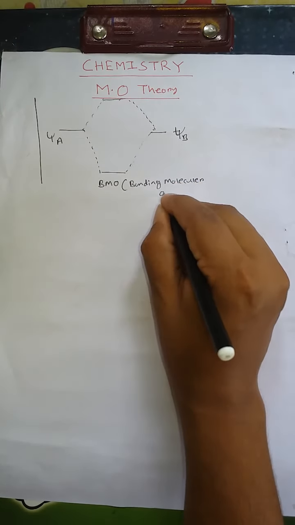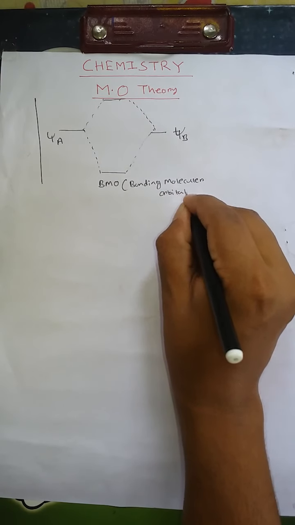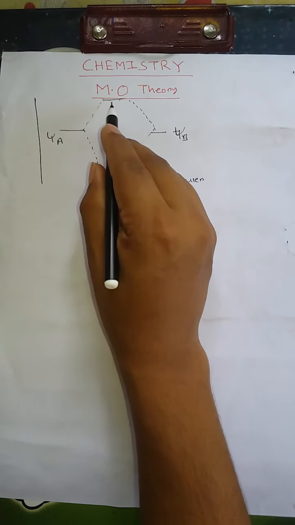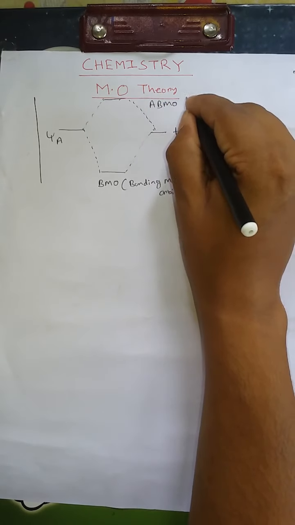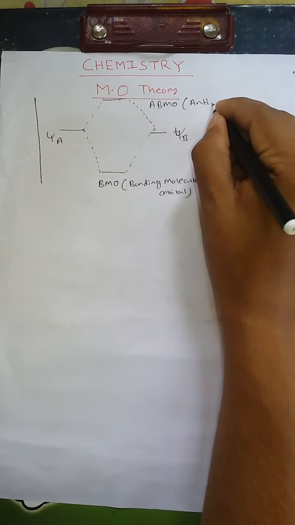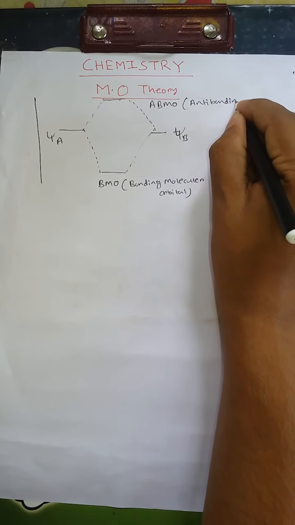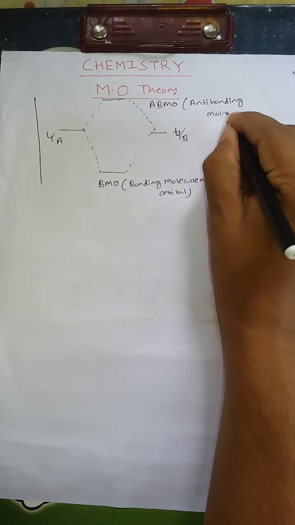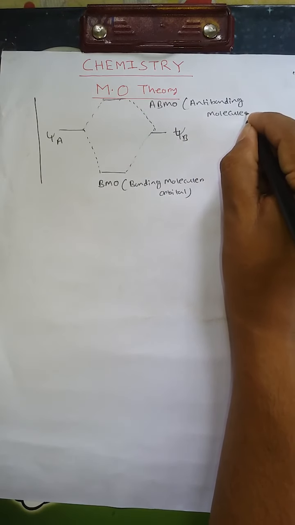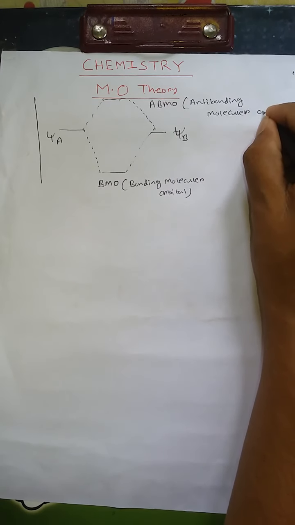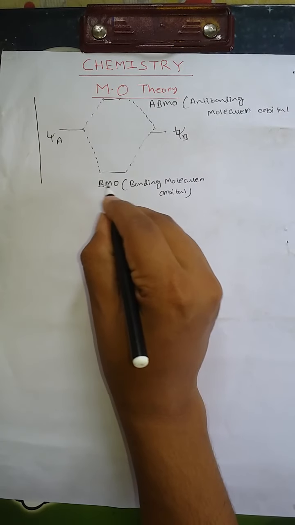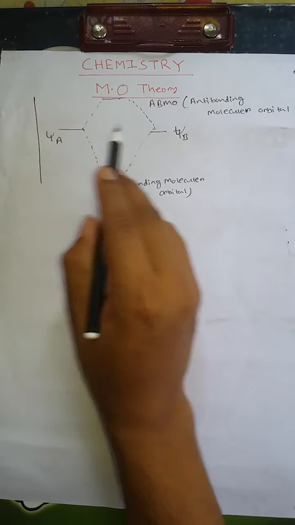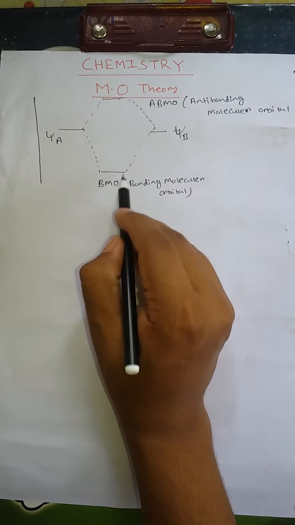And where the energy increases, it is called ABMO, or anti-bonding molecular orbital. Clear? In this BMO, psi A and psi B combine and energy decreases.